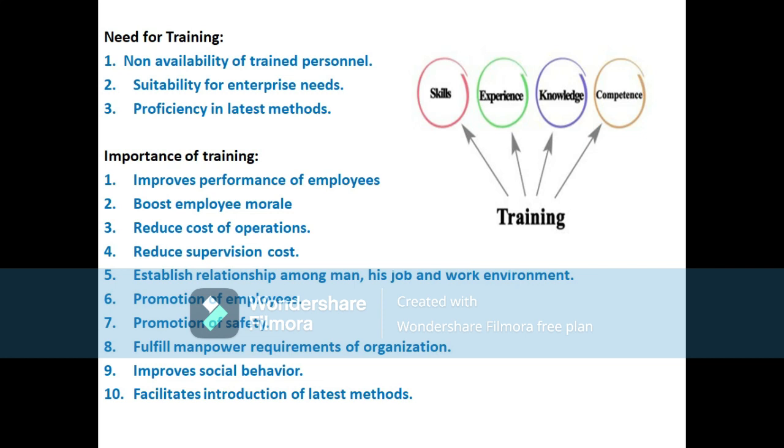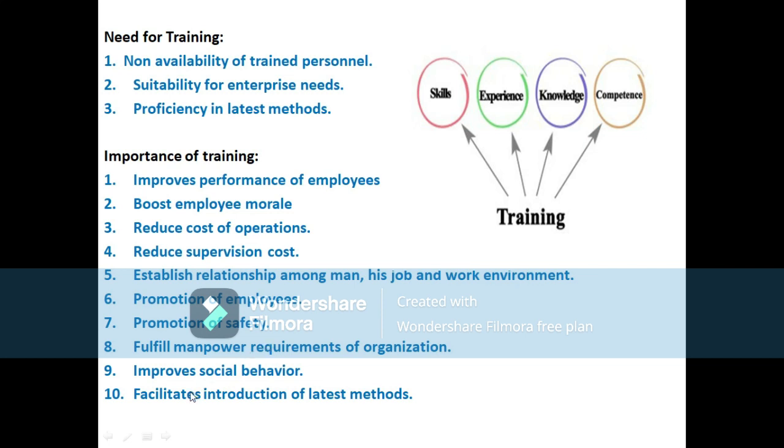Thus training helps in creating a pool of trained personnel from which replacements can be drawn to fill the loss of personnel at any time. Whenever retrenchments or dismissals happen in an organization, trained employees will be placed there.